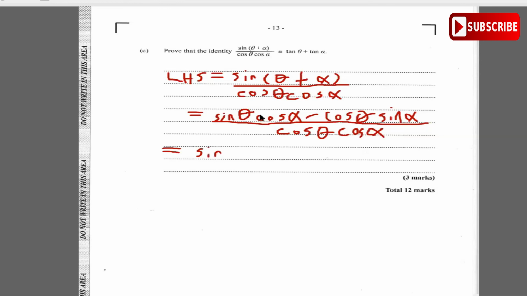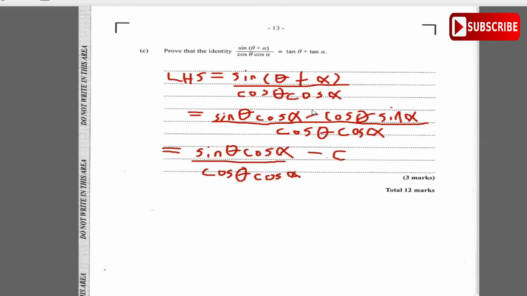Now we can separate them as sine theta cos alpha over cos theta cos alpha. All I'm doing is separating it into two separate fractions. So this part as one fraction minus this part as another fraction.